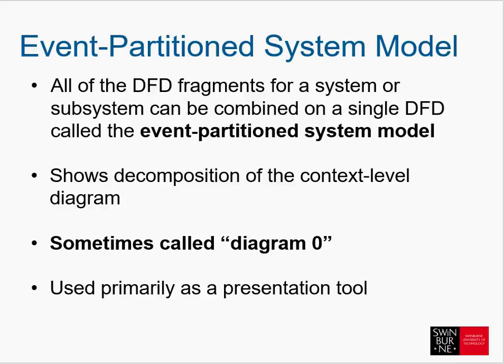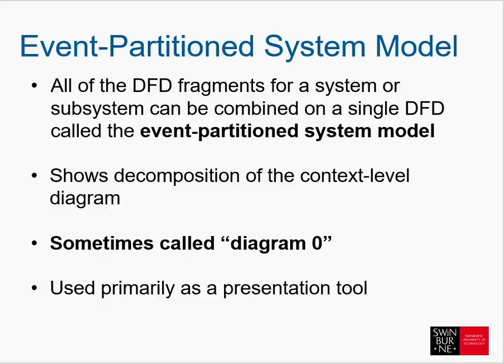The diagram is often very complex and complicated, and for a larger system that responds to many events, it is very difficult to model and show in one diagram. So basically we use it as a presentation tool to show the whole system's processes to the stakeholders.